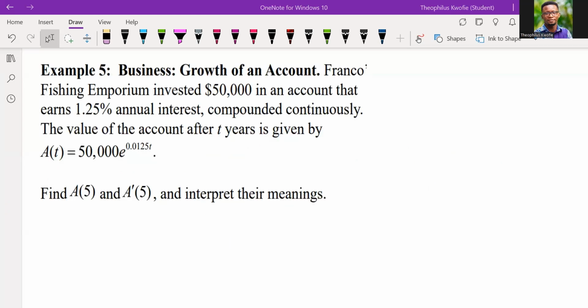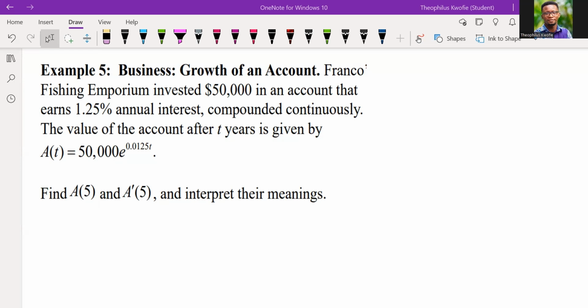So at this point, I want us to look at some of the applications of the exponential functions. As I mentioned, the exponential function is one of the most important functions in mathematics. Today, I want us to look at how the banking industry leverages the concept of exponential functions.